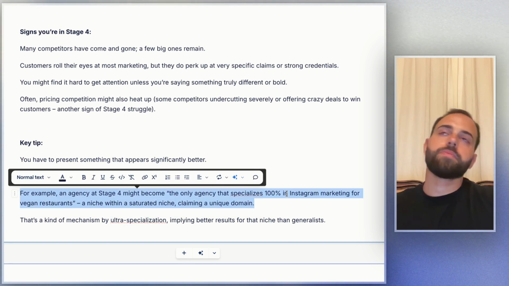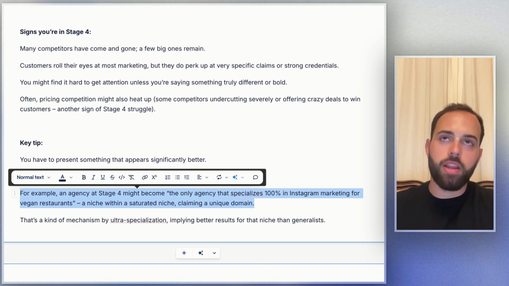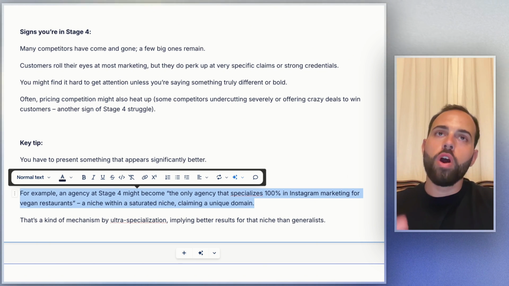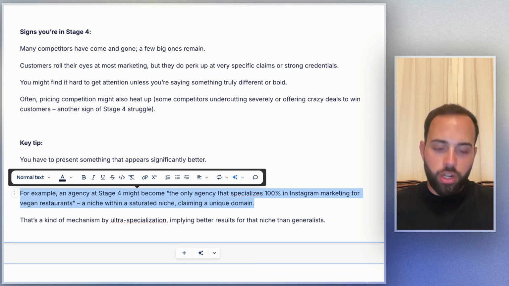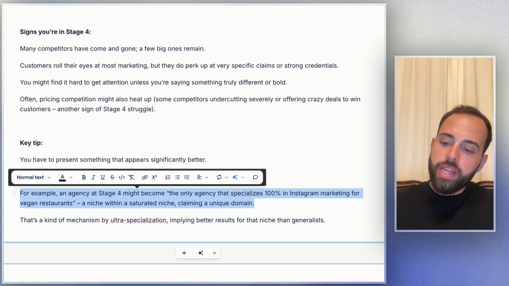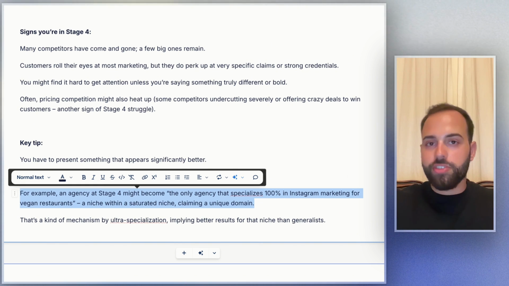So, for example, if you run an email marketing agency and you work with every single brand on this planet and you're not selective and you don't actually have a niche, then there's no reason for your target customers to really pick your marketing agency as opposed to anyone else.